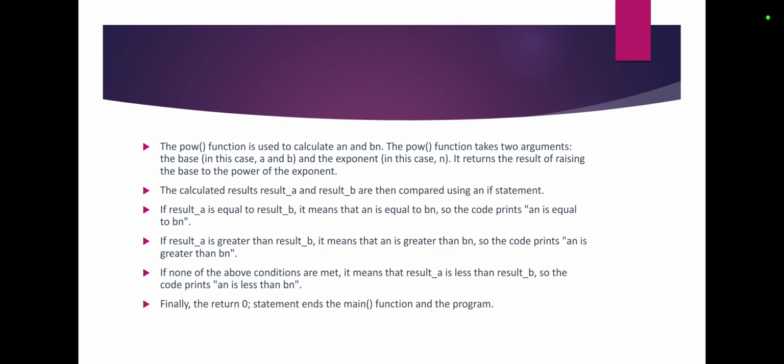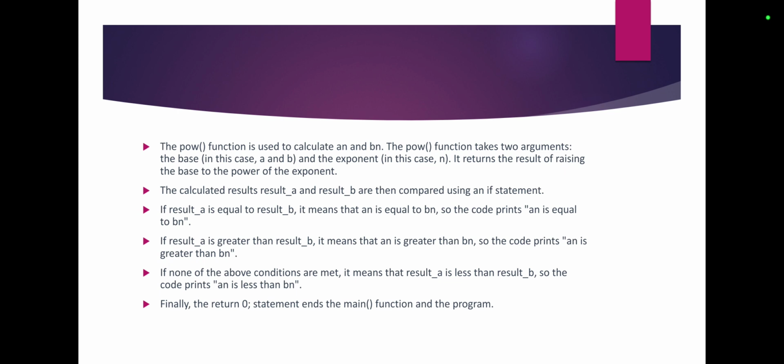If resultA is greater than resultB, it means a^n is greater than b^n, so the code prints "an is greater than bn".